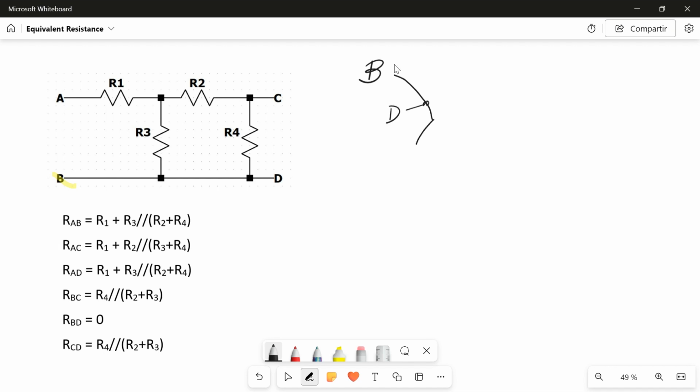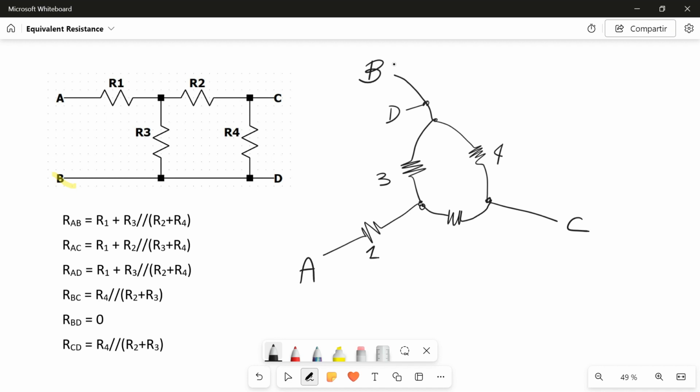And I split into R3 and R4. I'm calculating between B and C, so R4 already has my C terminal. R3 splits into two. I have R1 here and my terminal A, and then R2 here and then back to C.